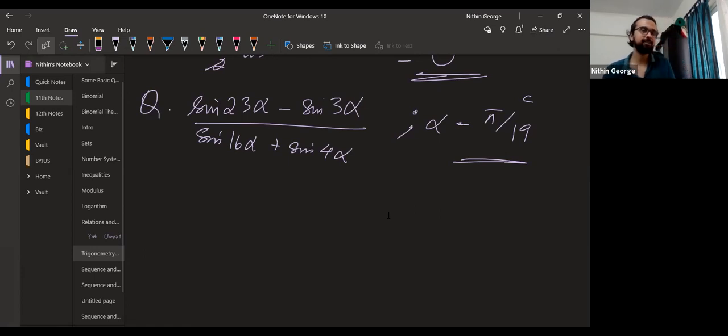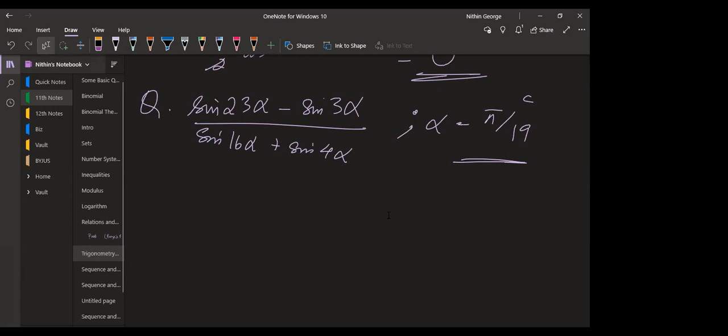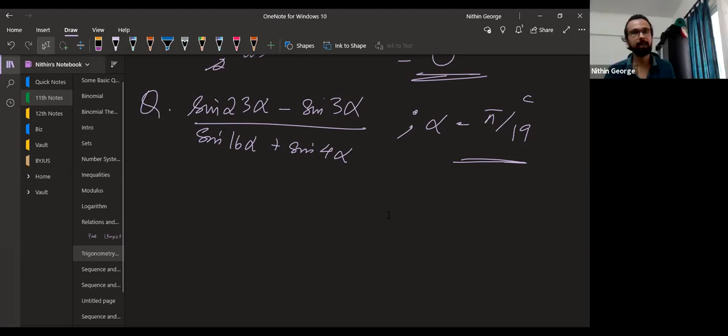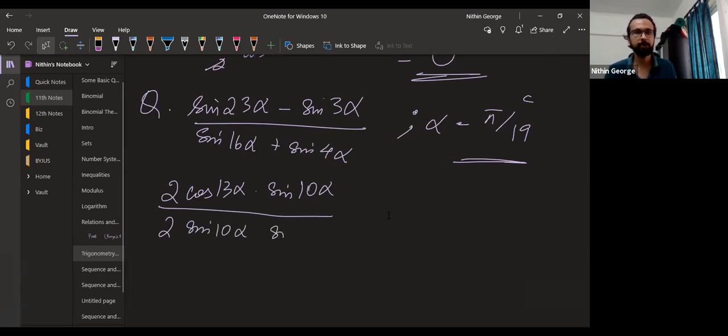Again, we're converting a difference into a product here. So 2 cos A plus B by 2, which will be 26 by 2, which will be 13 alpha. Then sin A minus B by 2, which will become 10 alpha. Then below you'll have sin of 10 alpha into sin of 6 alpha. Alright. What cancels out? 2 and sin of 10 alpha cancel out.